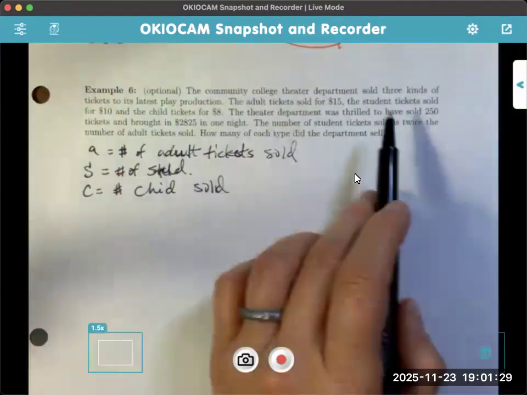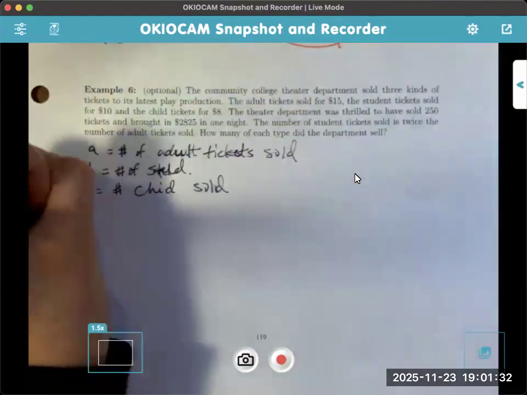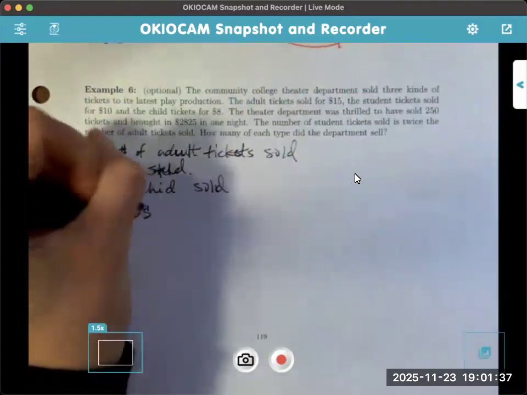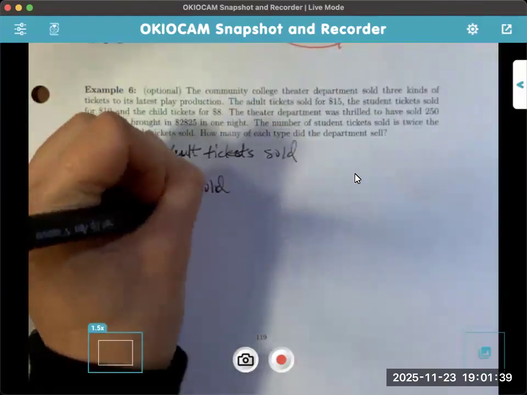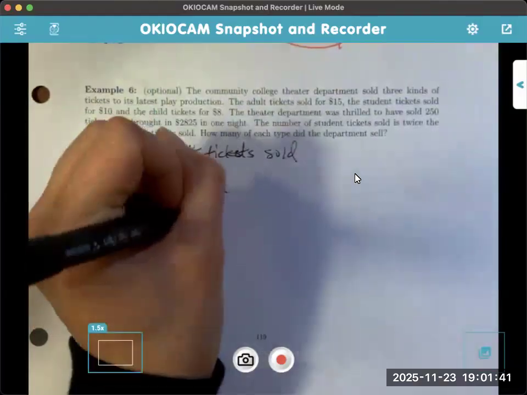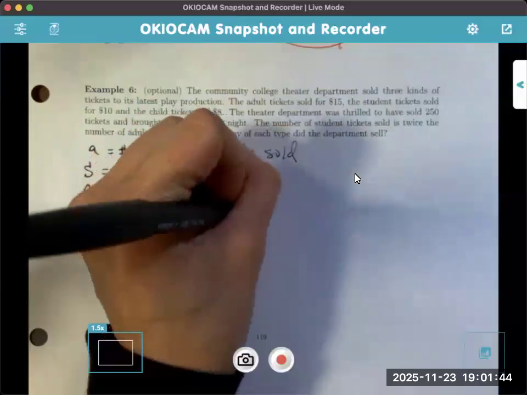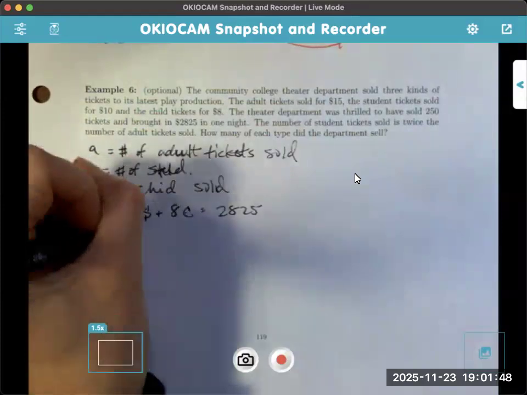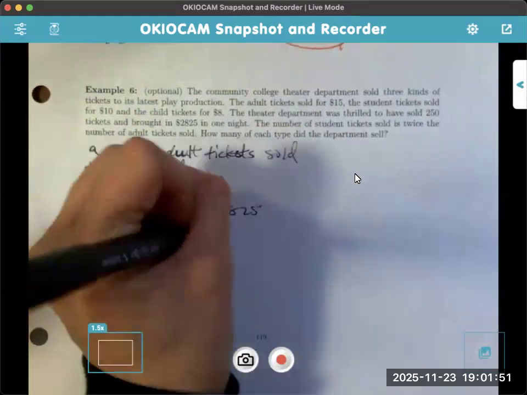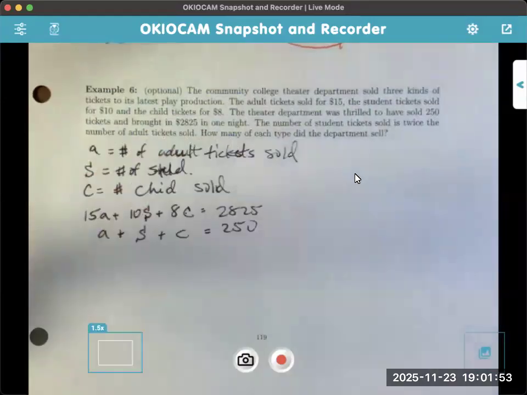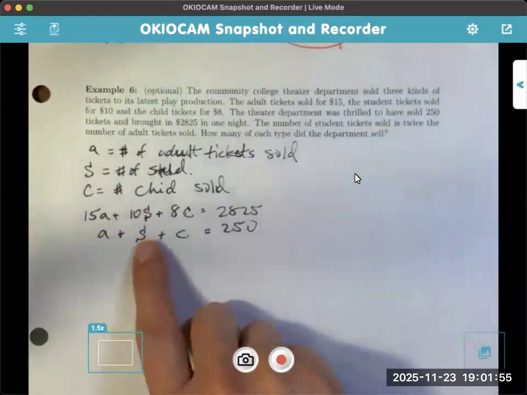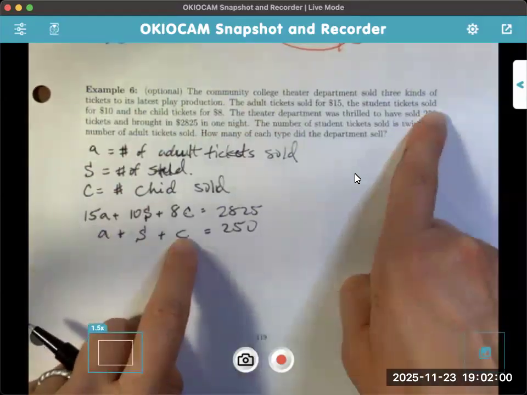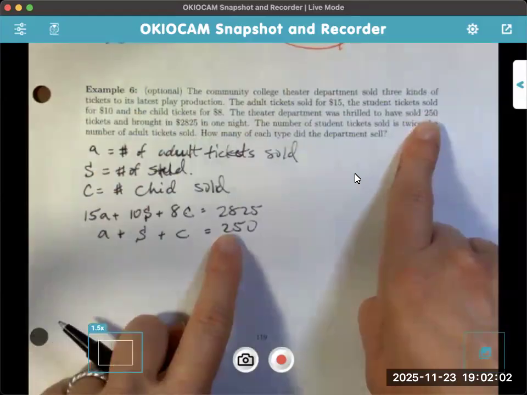So the adult tickets sold for 15. So 15A plus 10S plus 8C is equal to $2,825. Tickets total sold is 250. Right, so each of them has an A plus S plus C. A, S, C just represents how many tickets we sold.